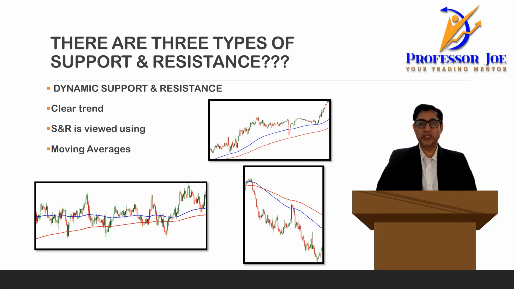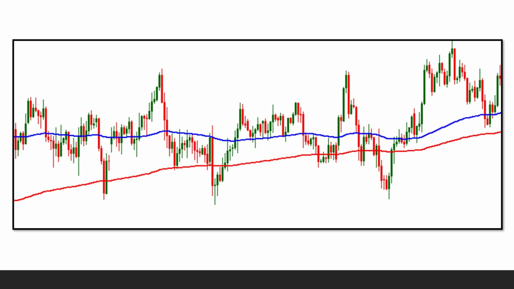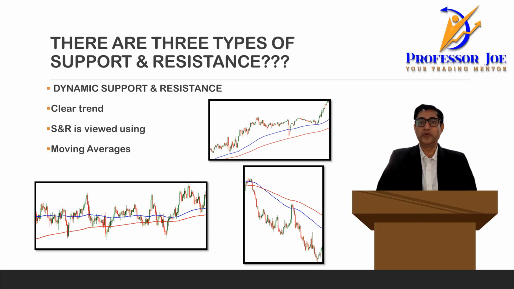Like you can see on the charts, in a sideways market, you will never find a dynamic support and resistance because the price will always cross both the moving averages and keep going up and down, keep jumping like our kangaroo. Yes, because it's a kangaroo trend, you will never find a good dynamic support and resistance in a sideways market.